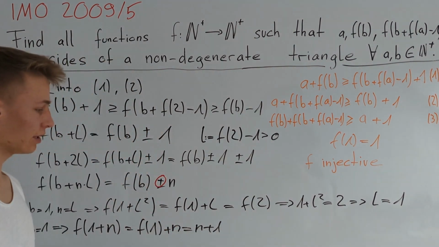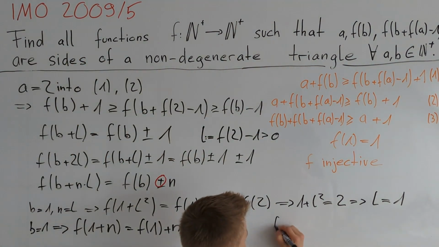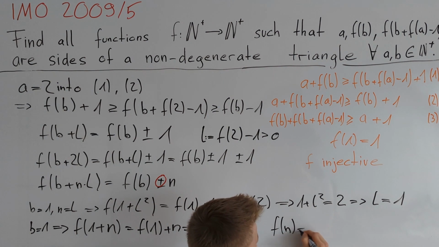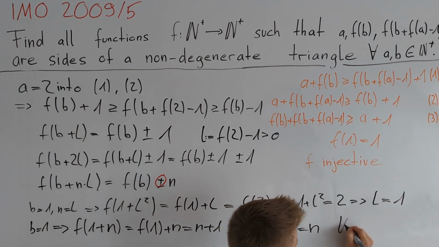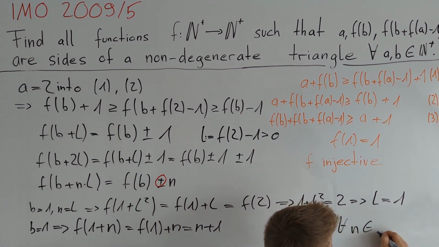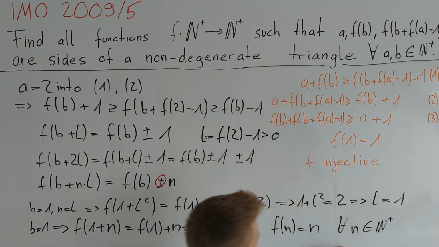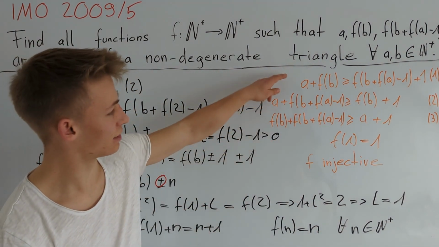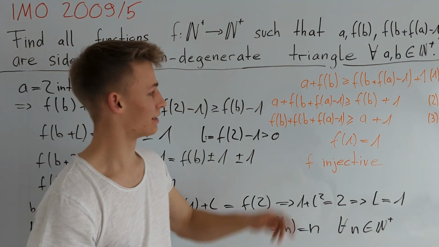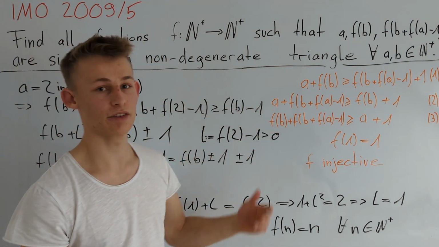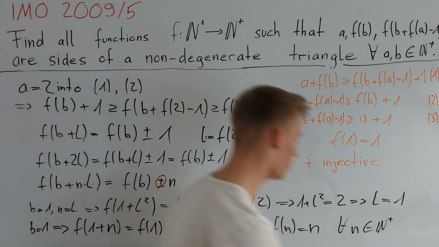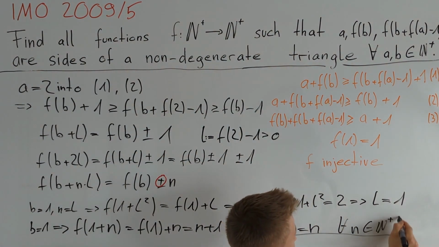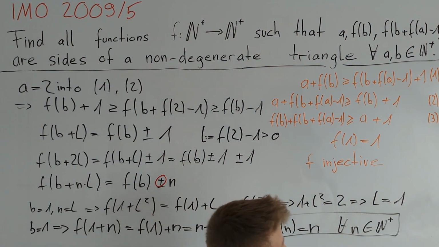Since f of 1 is 1, we conclude that f of n is equal to n for all n from the positive integers is the only possible solution. F of n equals n indeed satisfies these three inequalities here, and these three inequalities are equivalent to the problem statement, so we know that this is indeed a solution, and therefore we are done.